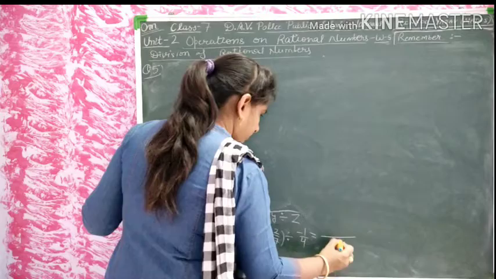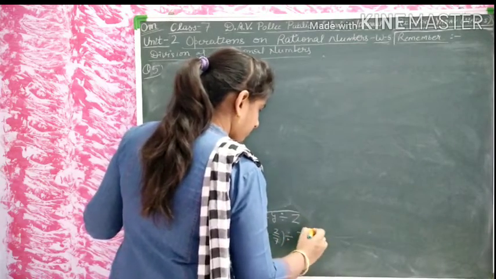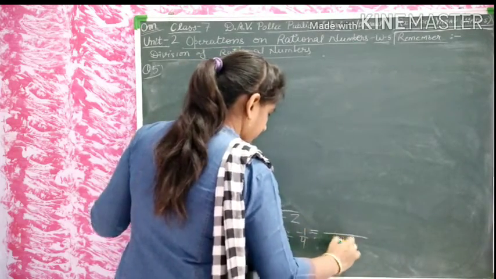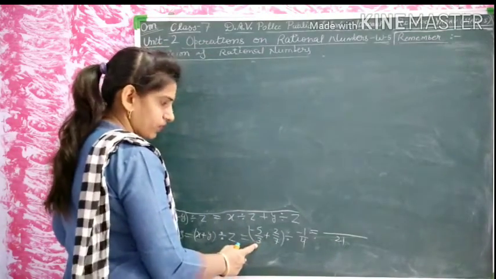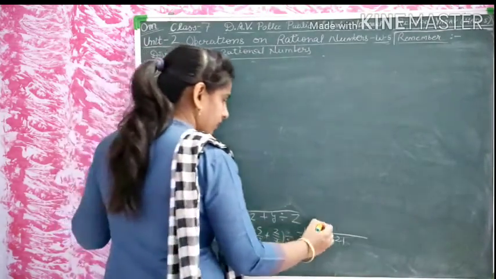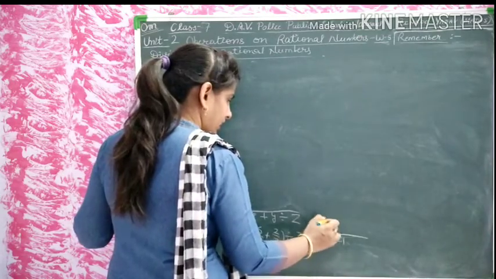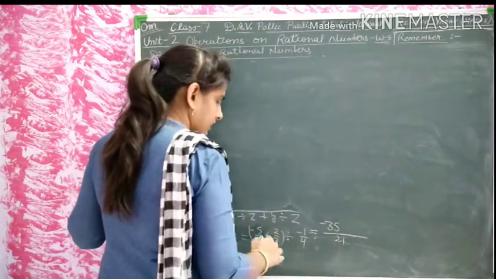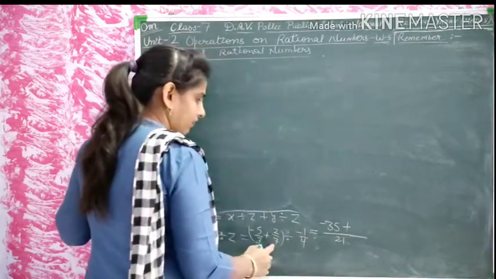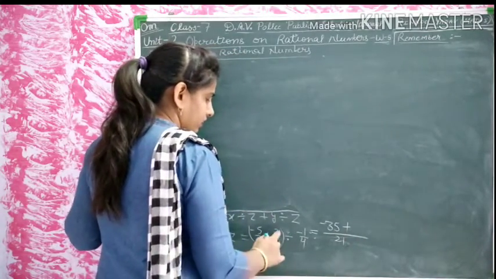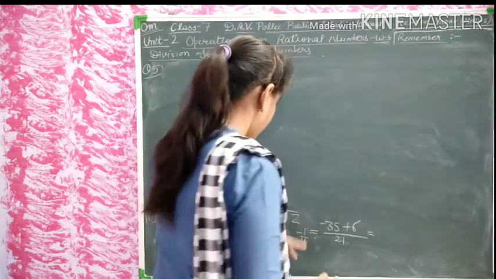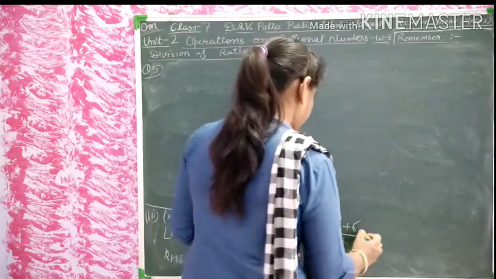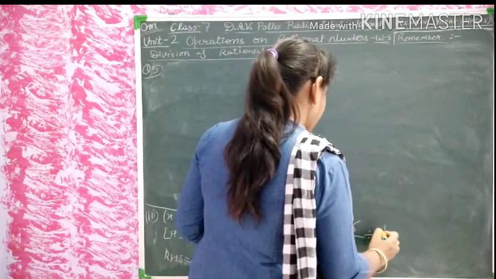3 times 7 is 21 there, and 21 divided by 3 we will get 7, and 7 times 5 is 35. Minus 35 and plus 14, 3 times 7 is 21, and we get it divided by minus 1 by 4.